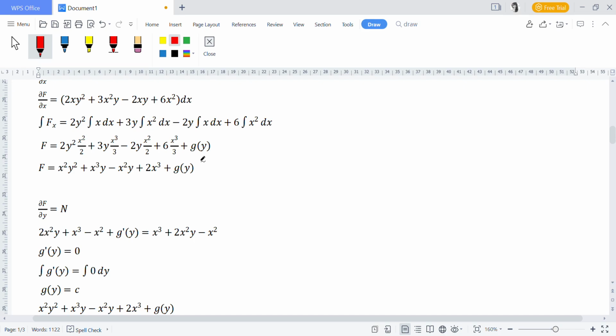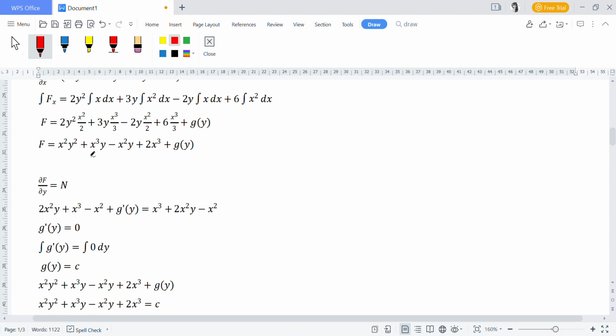Let's use g of y. Now, this equation can be further simplified. So we're going to simplify this. Now, our final function will be x squared y squared plus x cubed y minus x squared y plus 2x cubed plus g of y.